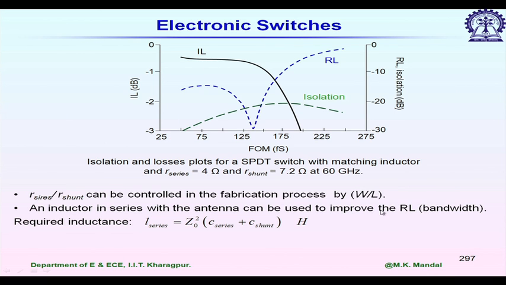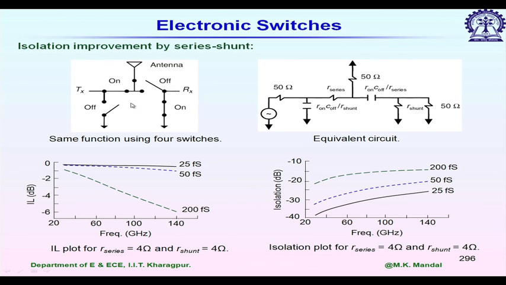Now, in some cases we may face a problem due to input impedance matching. Why? If I go back to this circuit, one switch we are using in series configuration and another in shunt configuration. As a whole, this switch is on.